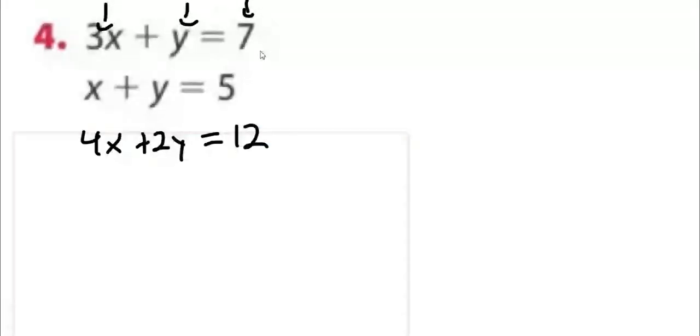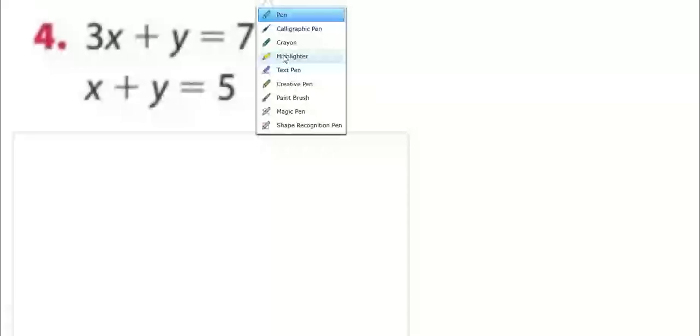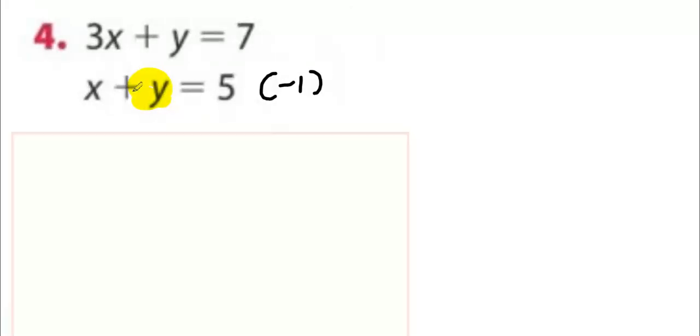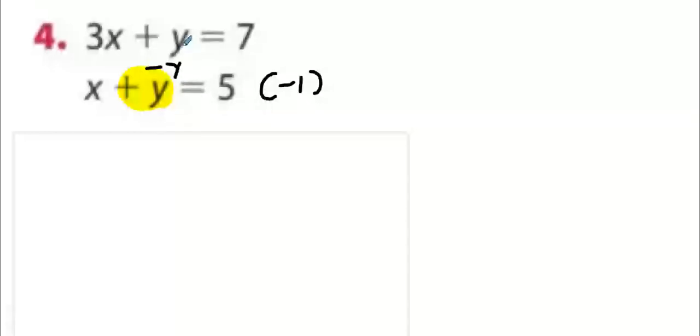So we're going to have to turn the bottom equation. We're going to multiply the bottom equation by minus 1. And we're hoping that will turn this plus y into a minus y, and then they'll cancel.